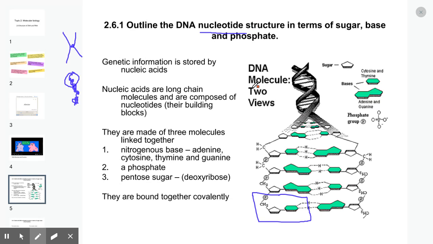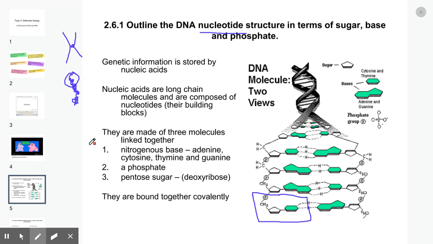So that is the 4th organic molecule that IB really wants you to know. So we have our carbohydrates, we have our proteins, we have our fats, and the last one is our genetic material in this thing called a nucleotide. So just real simple, a nucleotide is just made of 3 things, and they're listed right down here.